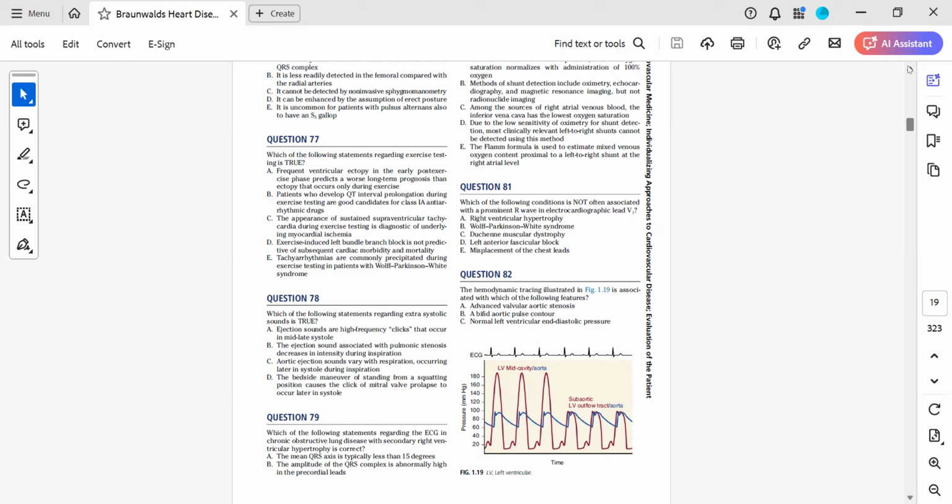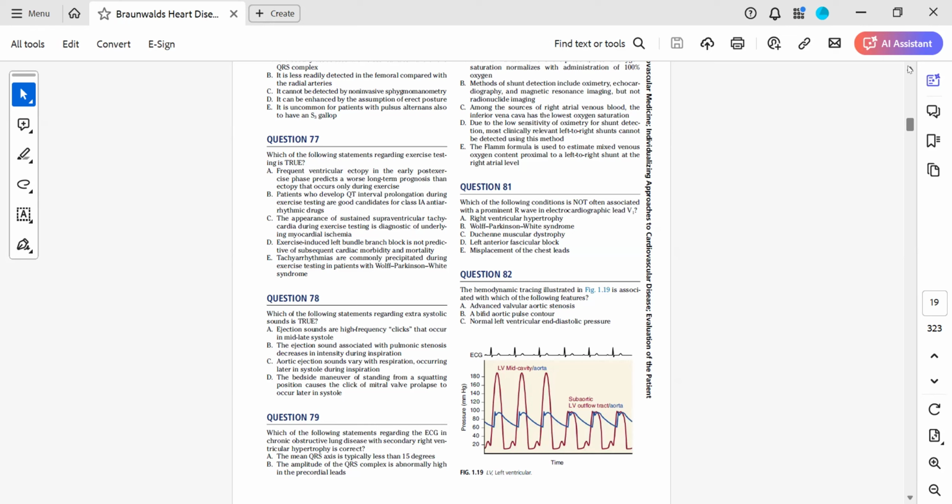So a dominant R wave is also seen in dextrocardia, and in hypertrophic cardiomyopathy, where there might also be RV involvement. And then in dystrophies, myotonic dystrophies, and Duchenne muscular dystrophy.